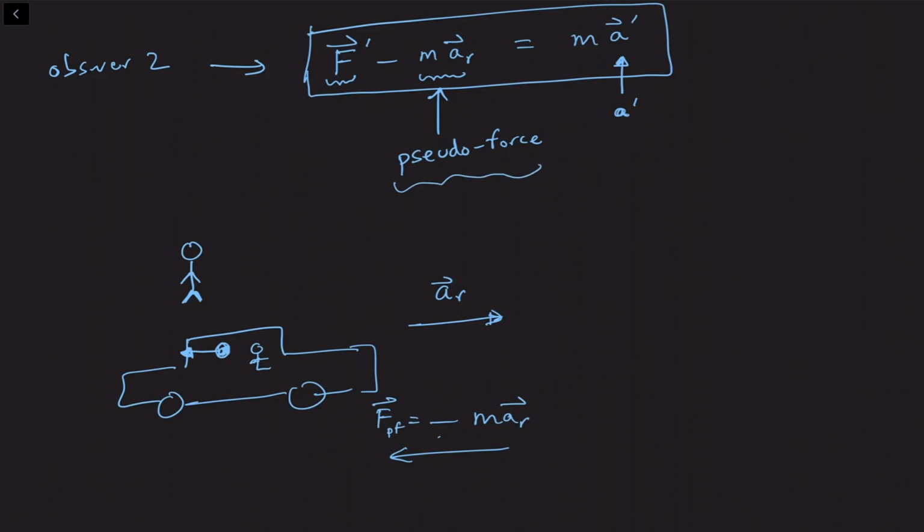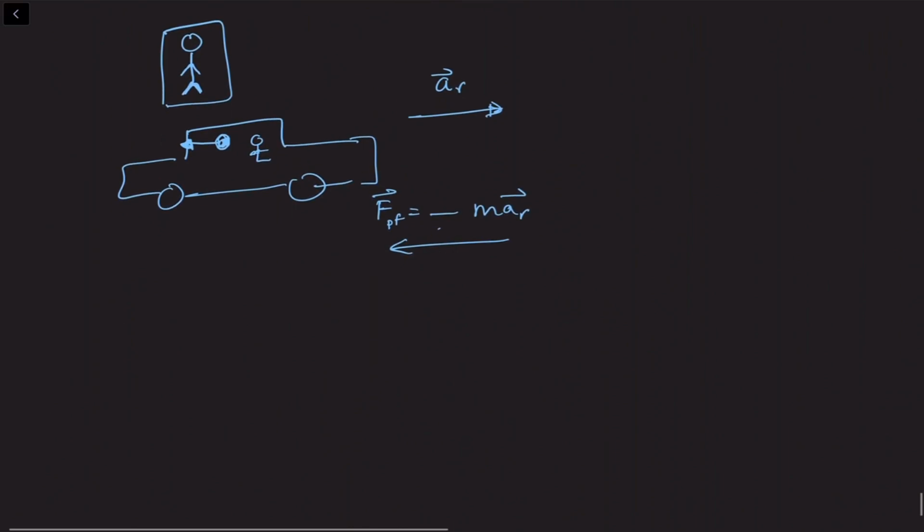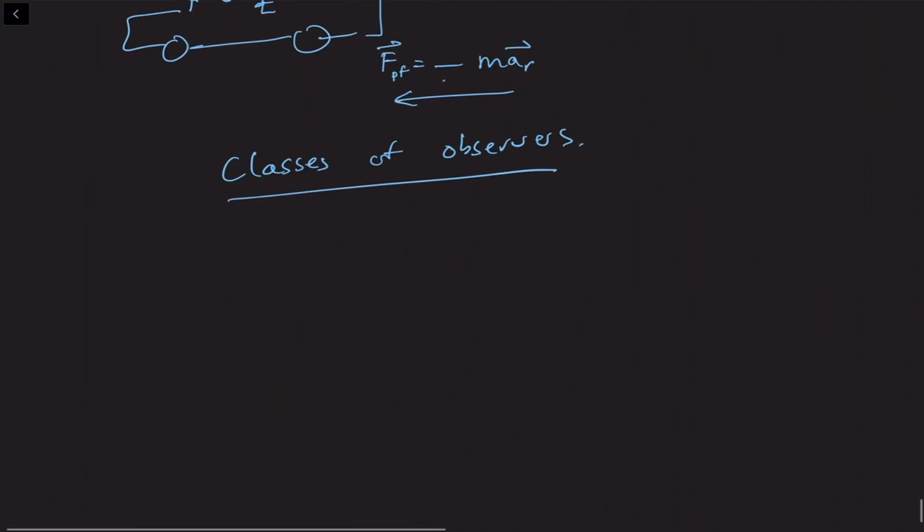Now, this is true for any observer who's accelerating with respect to the original observer for whom Newton's laws appear to be valid. So we can separate out classes of observers. There are what we call inertial observers.